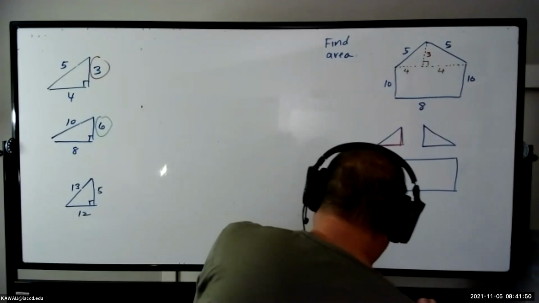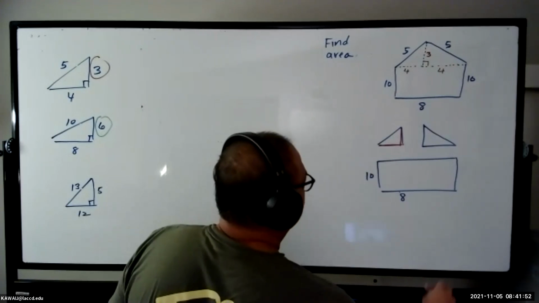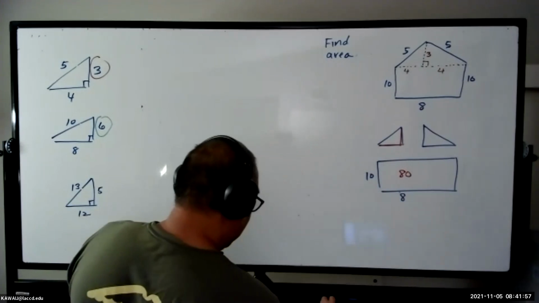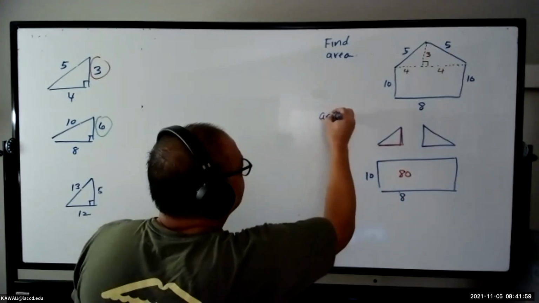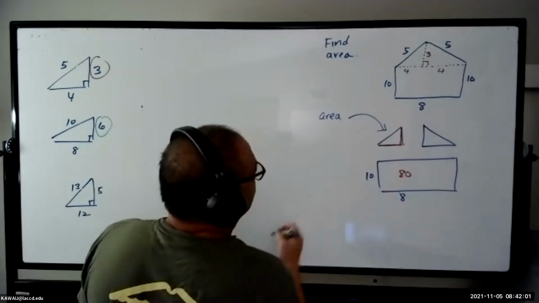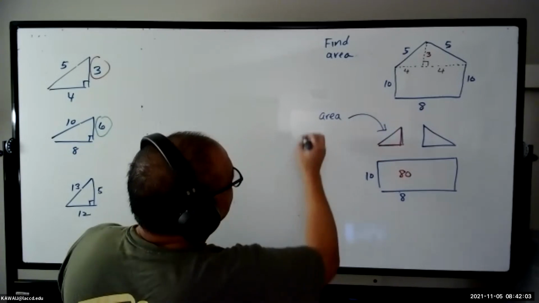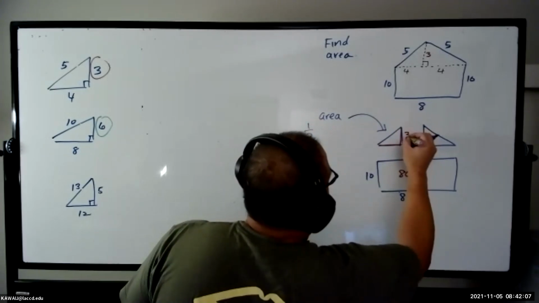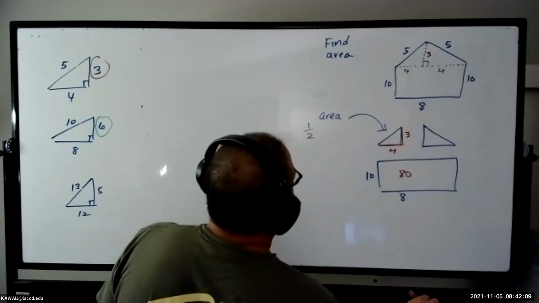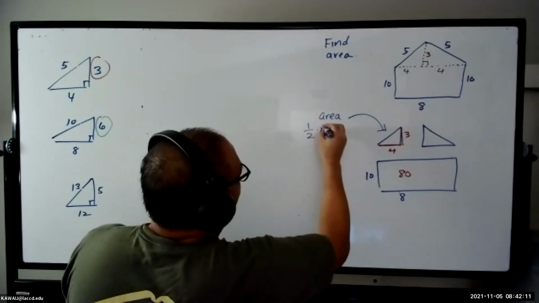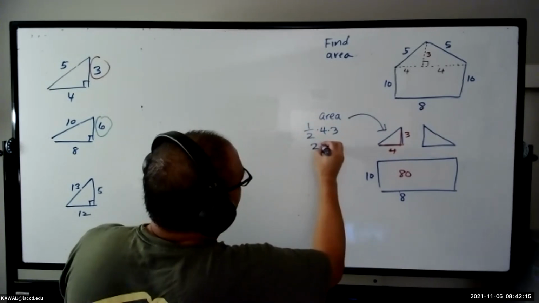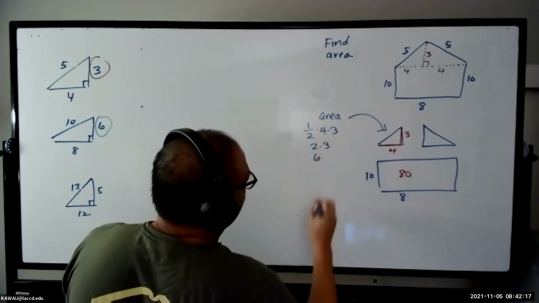So we know that the area of this one is going to be 80, 10 times 8. So the area of one of these triangles is equal to 1/2, and then this is 3, and that's 4. 4 times 3 is equal to 2 times 3 is equal to 6.